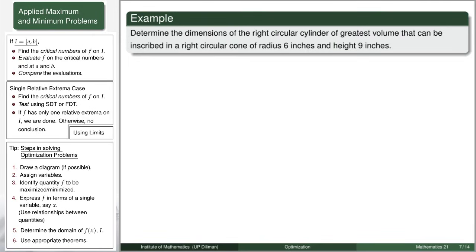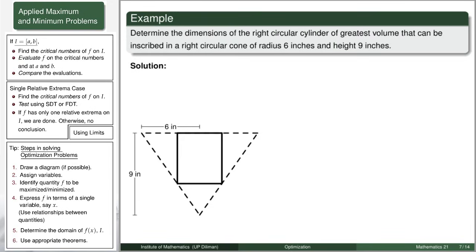You can orient them in any way, but I will be orienting it like so. I am inscribing this right circular cylinder inside, so it will somewhat look like this. The bottom two corners of the cylinder should be touching our cone, and to maximize the volume of my cylinder, the top will become flat, as is the top part of our cone.